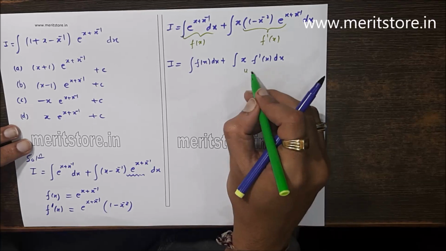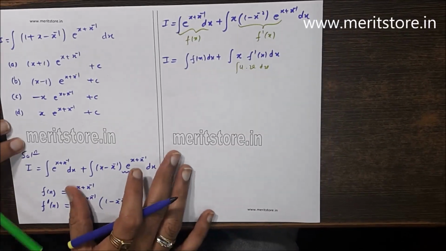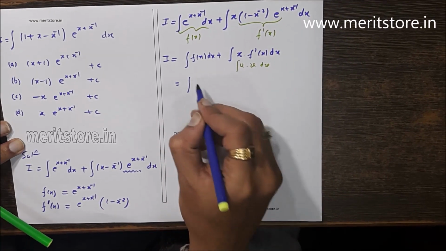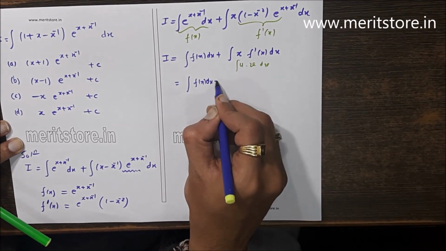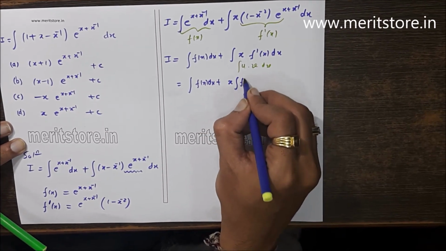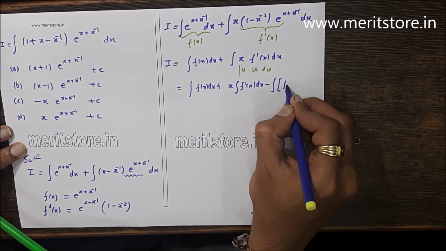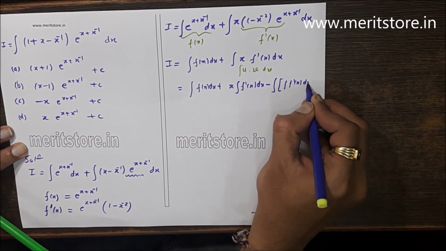Applying the formula of u into v, this will become integral of f of x dx, and this u into v will generate x integral of f dash of x dx minus integral of f dash of x dx.